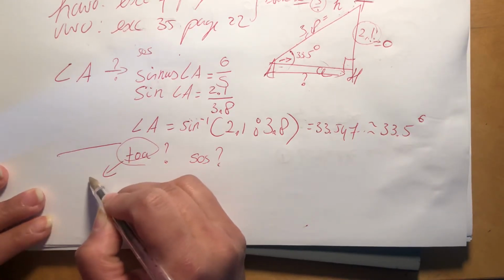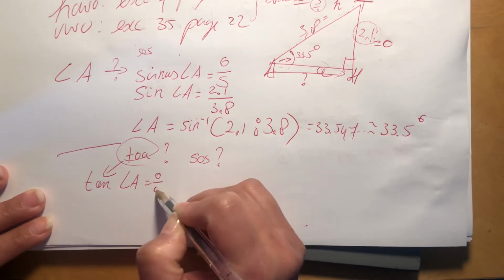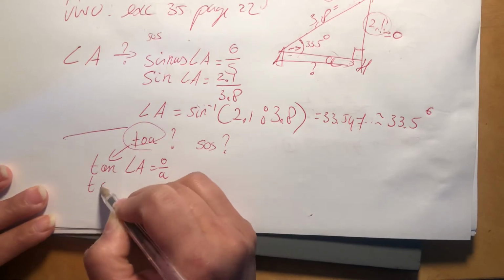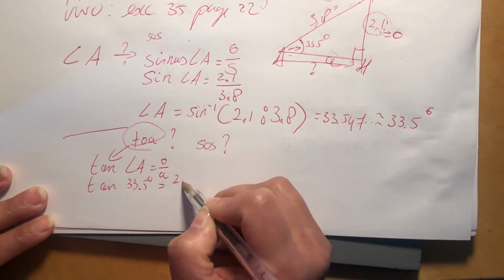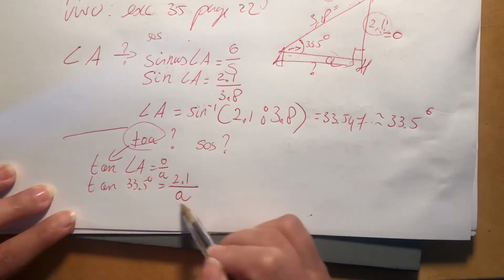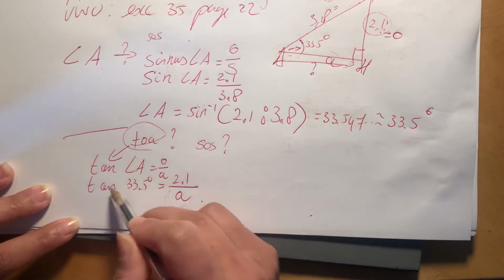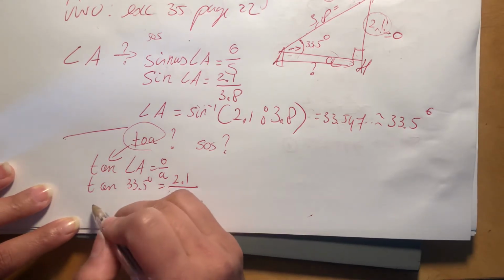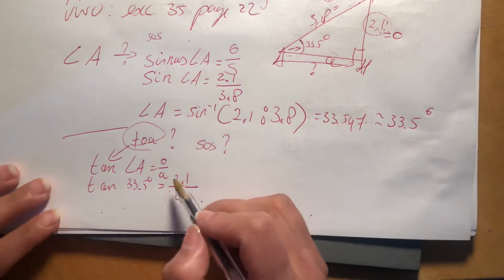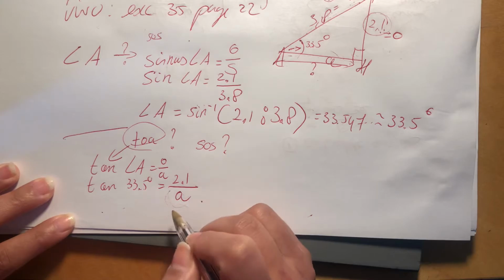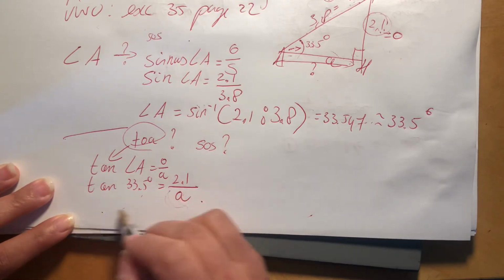So this is going to be the tangent of angle A, opposite divided by adjacent. The tangent of 33.5 degrees is 2.1 divided by A. Now remember, when you want the denominator, the A, you always divide the 2.1 by the tangent. Because I'm going to write it out.